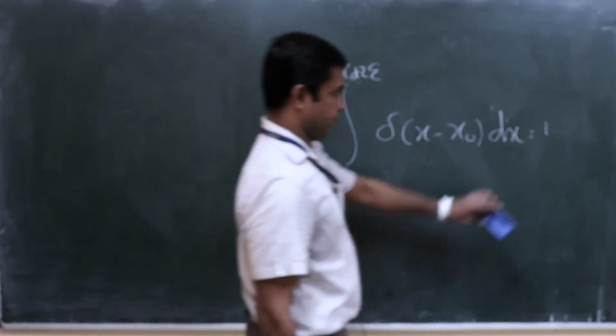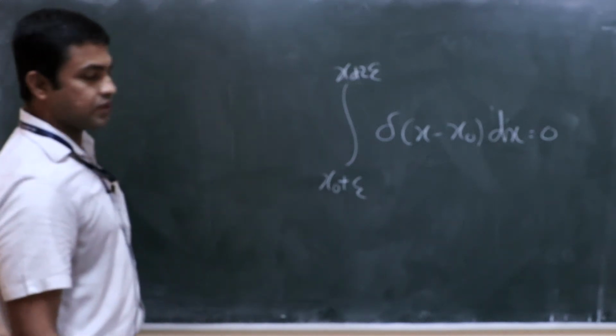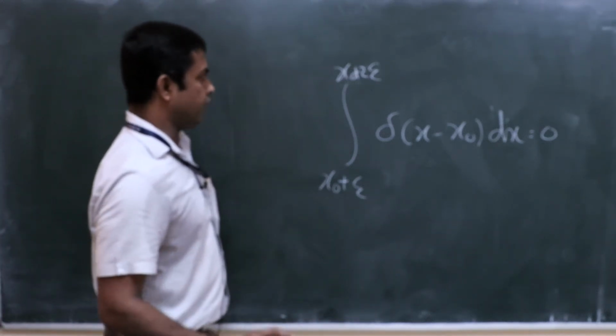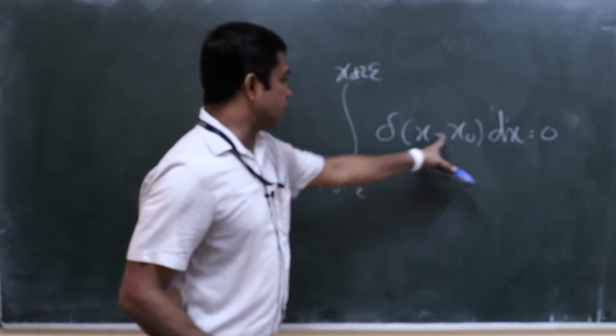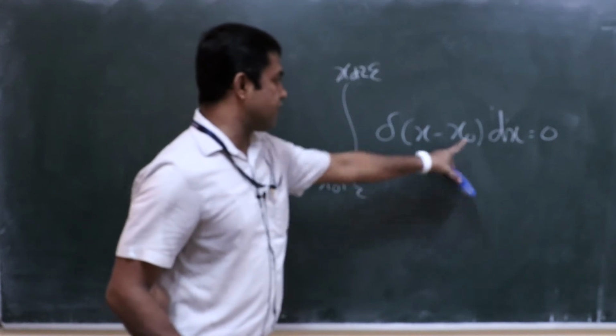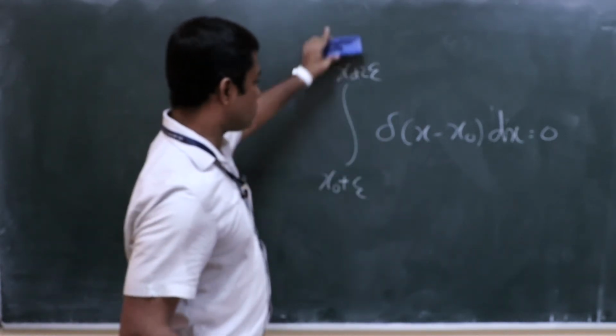This will be 0. If you have any questions, you should ask, because you have already learned this, so I am not explaining more. If you have any problem, you stop me. Because this integration does not contain the x equal to x0 value, this integral will be 0.